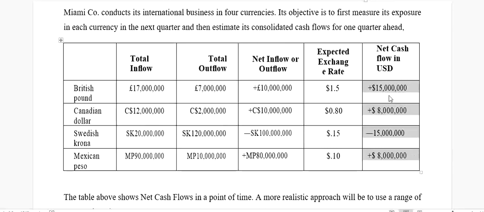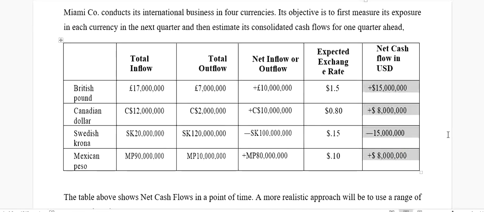Remember this: every country tends to have its own country risk or level of risk. So the level of risk that we have in this $15 million is probably different from this $8 million. That's why we have done the calculations individually.